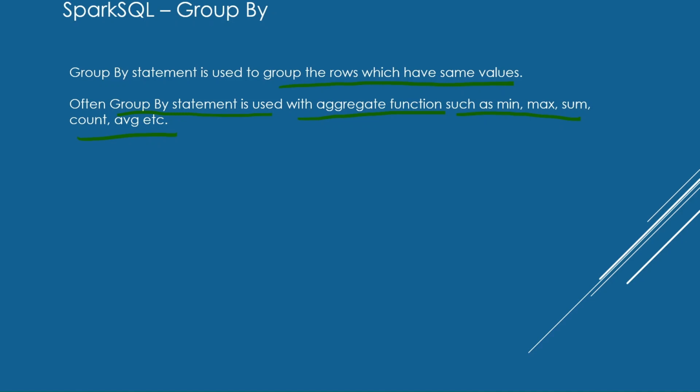Suppose there is iPhone or Samsung mobile: the iPhone product will be grouped in a separate group, the Samsung phone will be grouped in a separate group, and on top of that group we can figure out the minimum sales, the maximum sales, the total sales, the count and the average. This is a small example of how we can use the group by statement with aggregate functions.